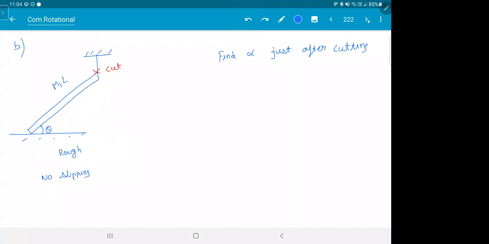Get it? This is a JEE 2017 or 16 mains question. This is a JEE question. Try for 2 minutes. Free body diagram, torque equation, you'll get alpha. That's it.